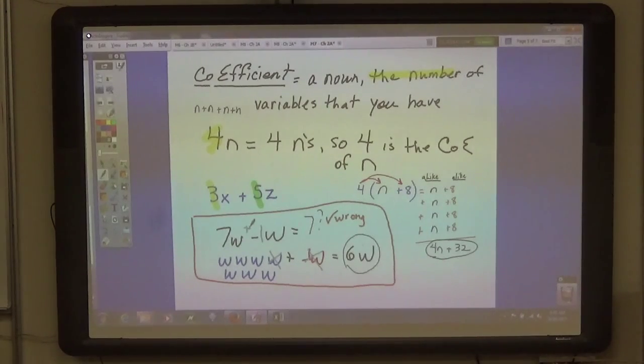It's just a number. It's a number term. And you can't add a number term with a variable term. You can't add 4 n's and 32 because one of them is a variable term and the other one is a constant term. Okay? All right, we're going to practice this.